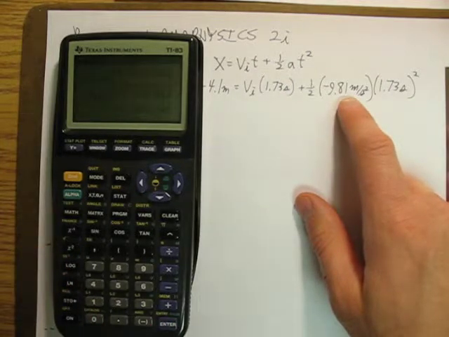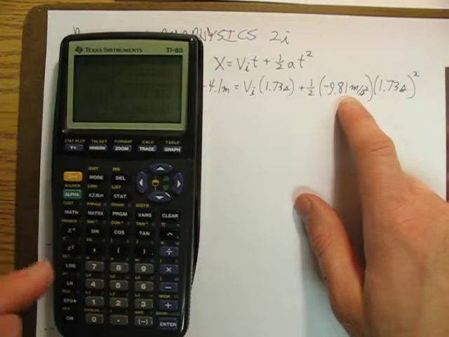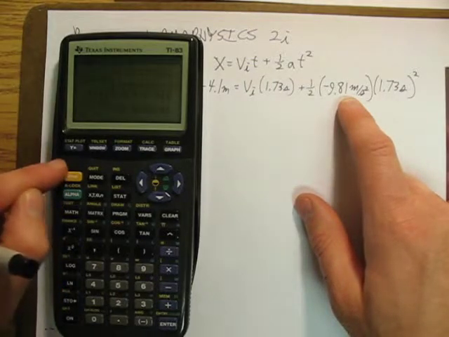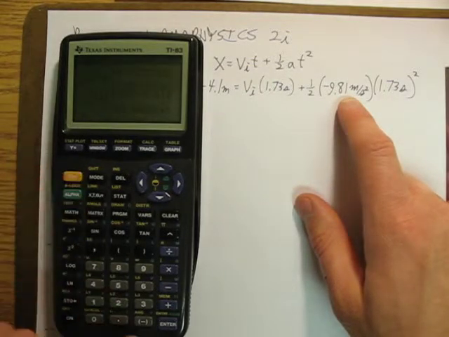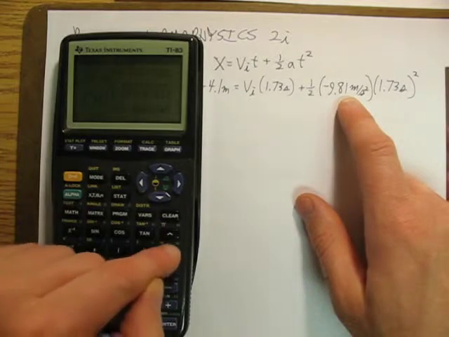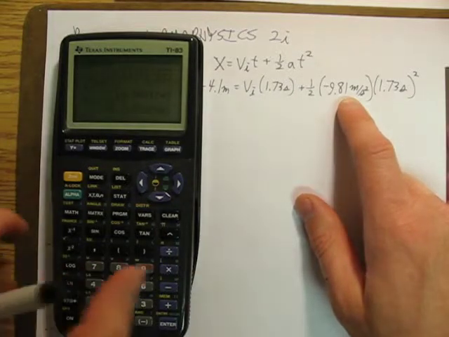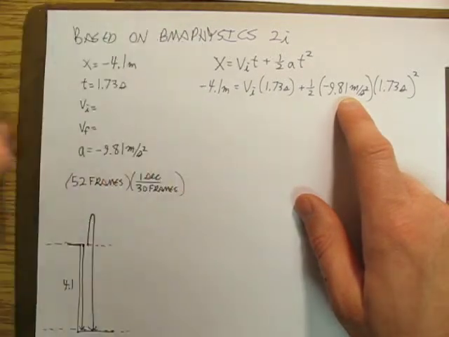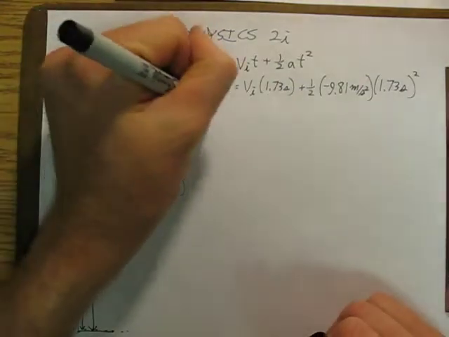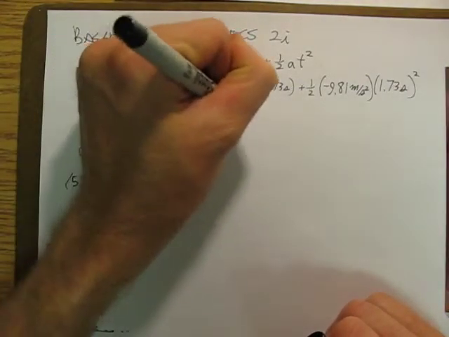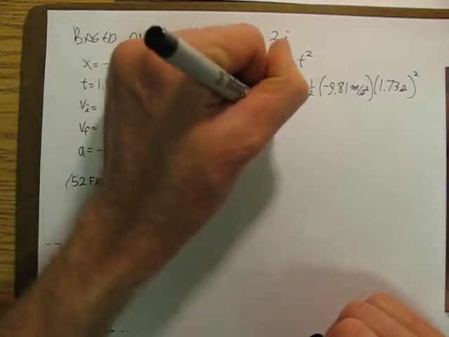And I'm going to get 10.58. Now I'm going to take 10.58 and divide it by 1.73, and I'm going to get 6.1 meters per second. So VI is 6.1 meters per second.